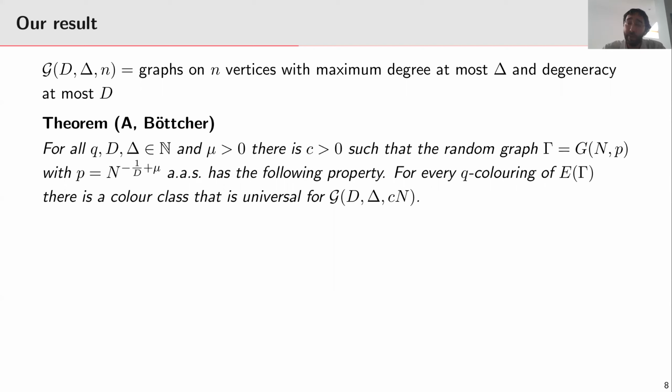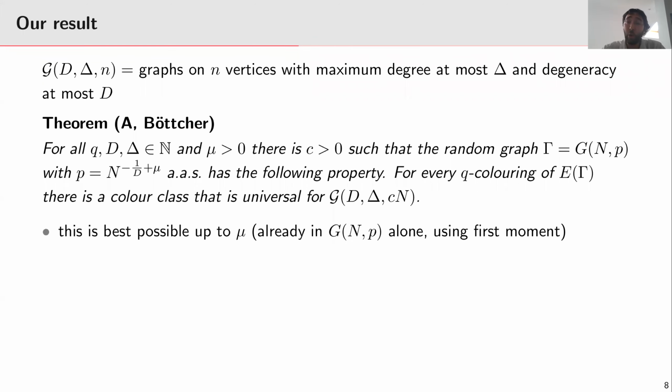Okay, so again, this is a universality, partition universality result for the random graph. Why is this one interesting? The reason is this one is optimal in the probability, at least up to this mu.